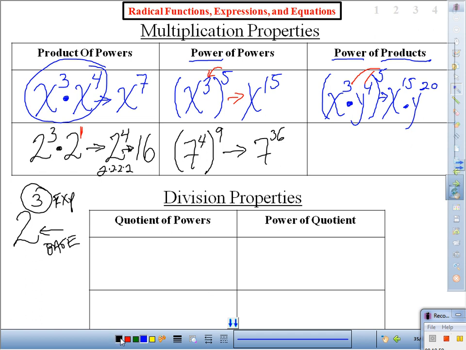All right, let's do another one with numbers. Here we go. Let's do parentheses 2 to the third times 3, close parentheses to the 2nd power.